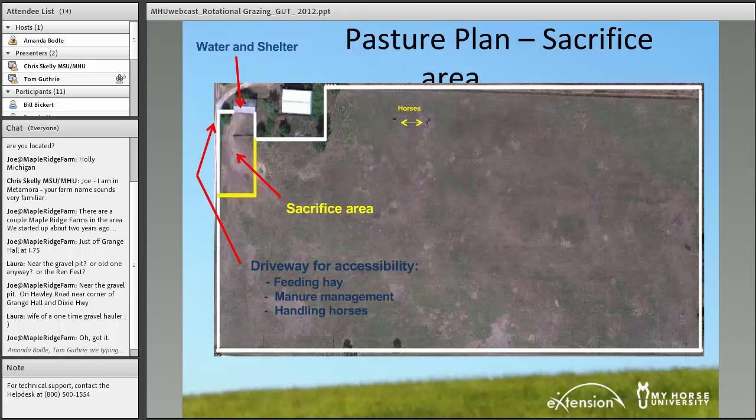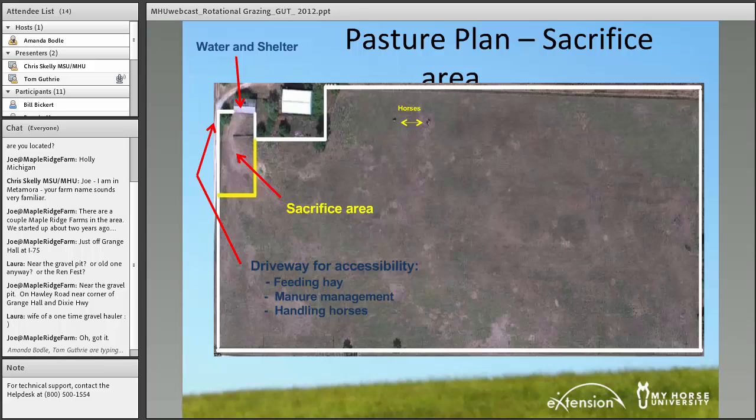Okay, so the first thing that we would want to identify would be where our sacrifice area would be. As illustrated in this picture, this is the most natural fit for a sacrifice area in regard to this established pasture. In addition, it's easily accessible and has the appropriate amenities such as water and shelter and ample room.